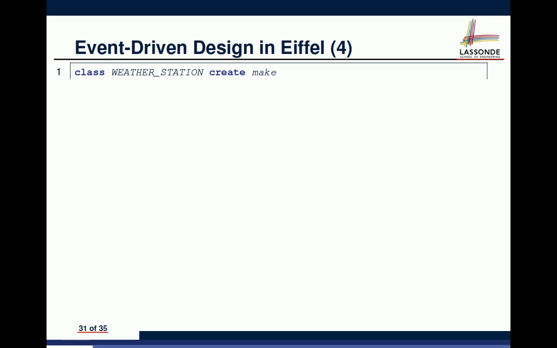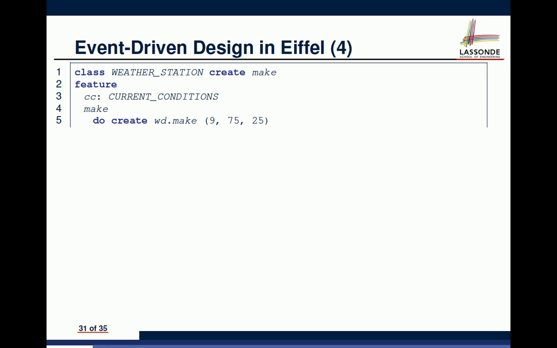So now let's have a quick look. If you try to do the final class, weather station, you've got your current conditions. With a similar layout, you say wd.make, and then you have the several measurements over here, and then you say cc.make. I will trace that in detail on Monday, but let's think conceptually.